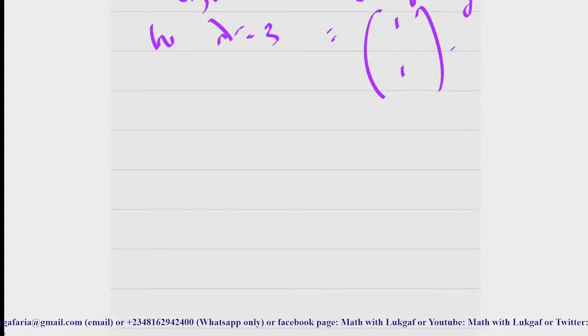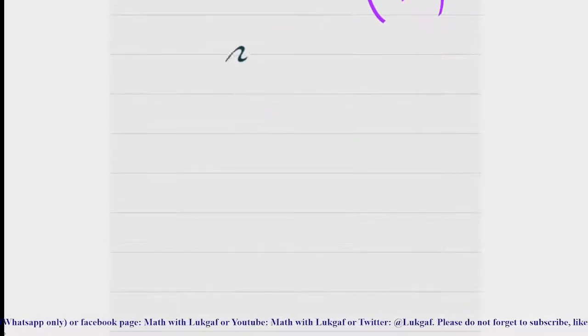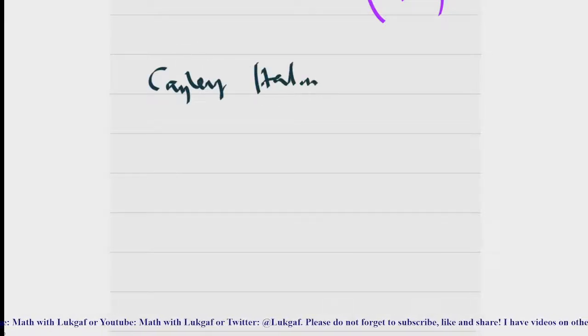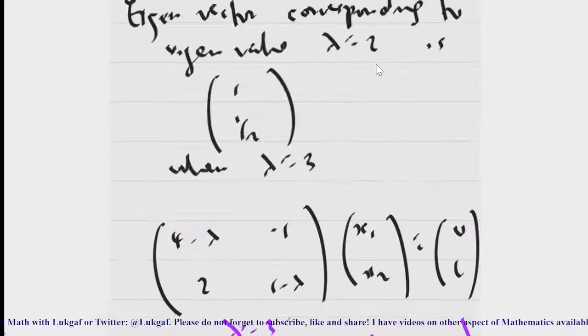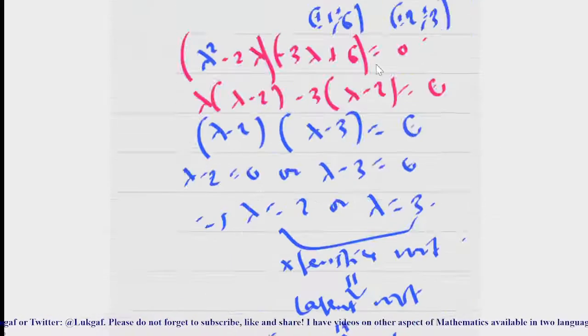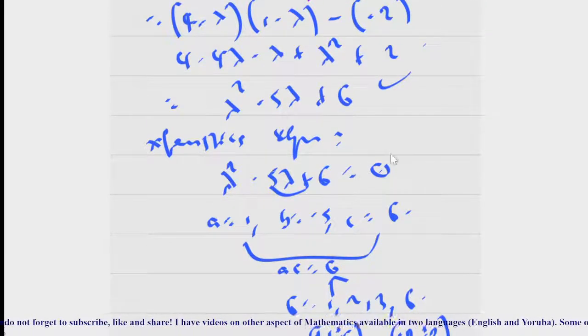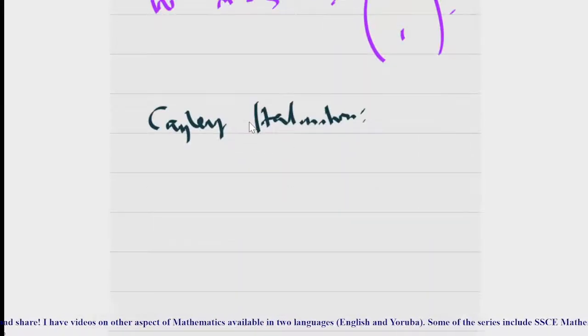For the two corresponding eigenvalues, how do you now prove your Cayley-Hamilton theorem? Don't forget, like I've said the other time, your Cayley-Hamilton theorem states that every matrix A satisfies its characteristic equation. This is our characteristic equation: lambda squared minus 5 lambda plus 6 is equal to 0.